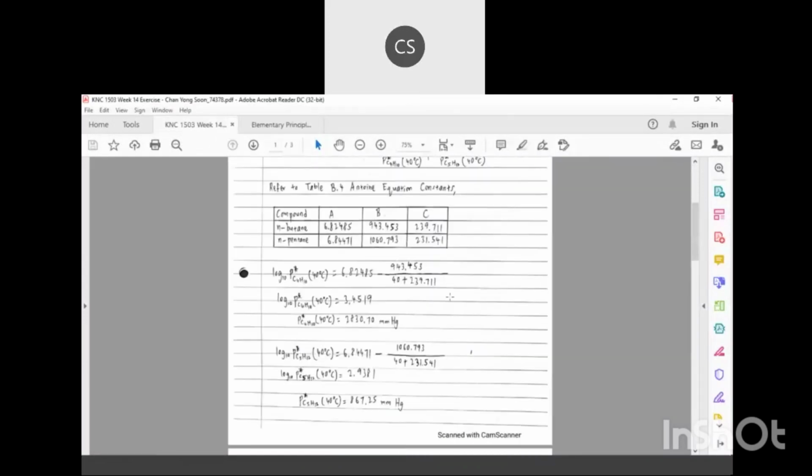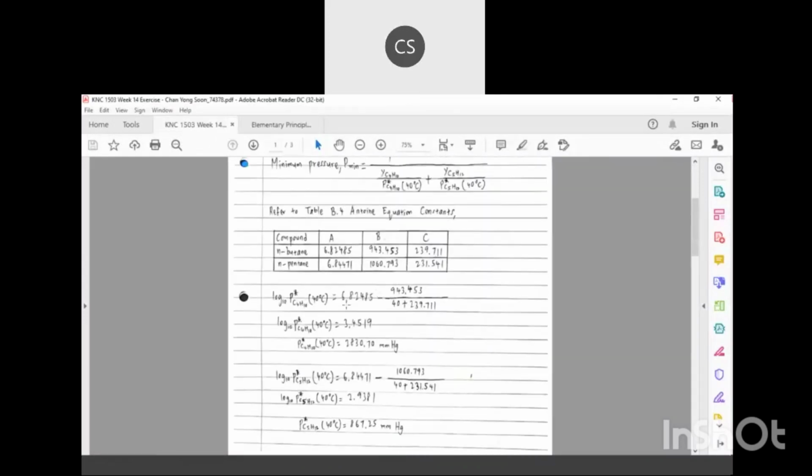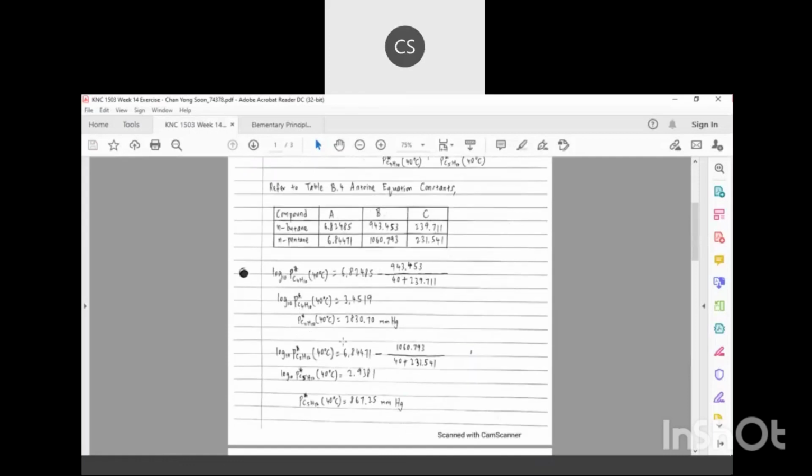Referring back to the question, for the vapor pressure of pure butane first, you just include the values of A, B, and C in the formula, so that you will get the vapor pressure of pure butane.